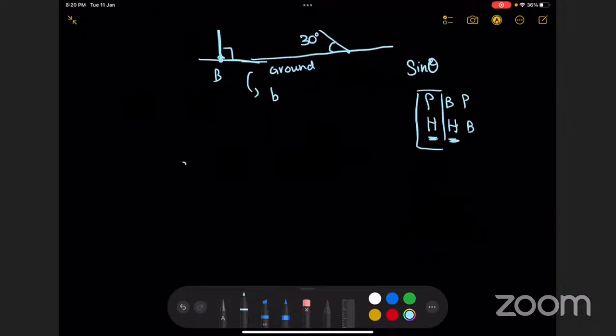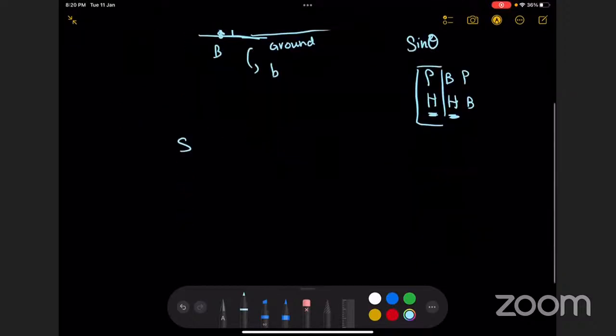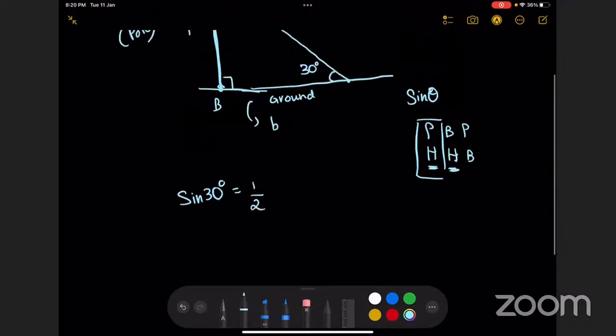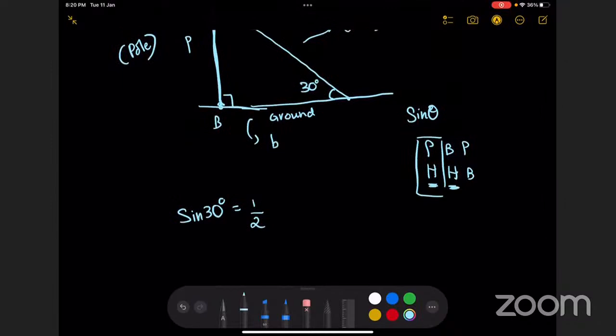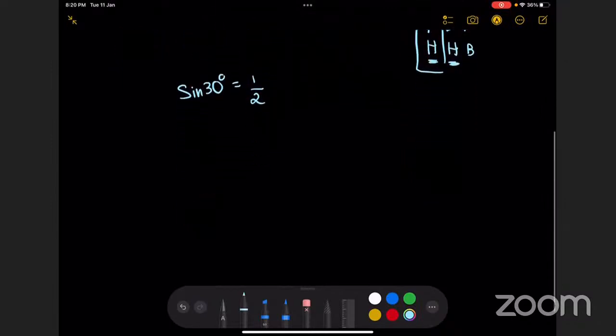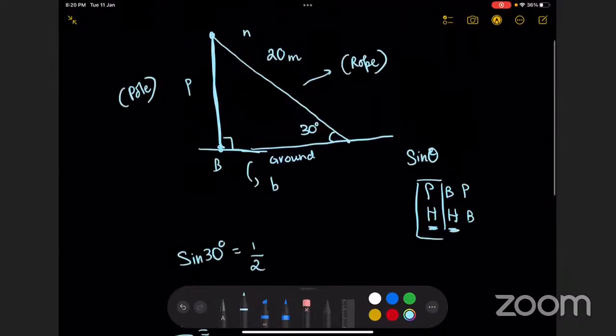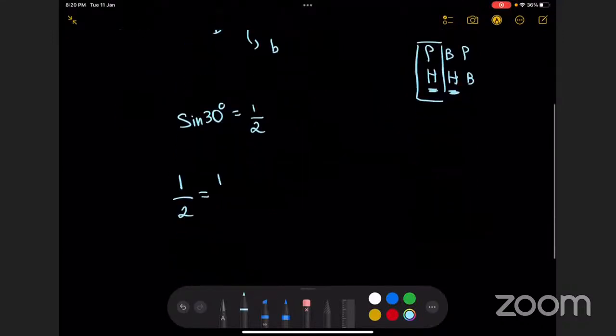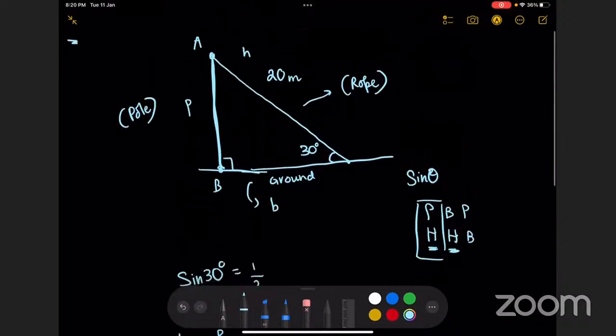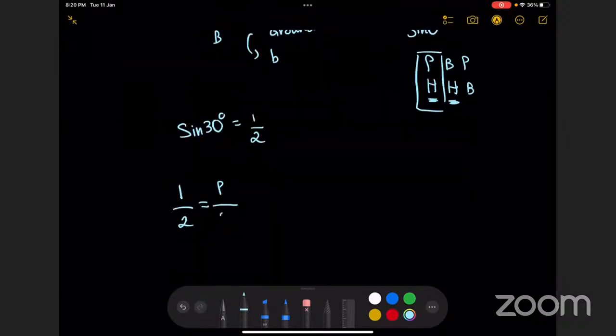And we know that 30 degrees, right? So sine 30 is 1 by 2. So 1 by 2 equals perpendicular upon hypotenuse, which is given as 20.